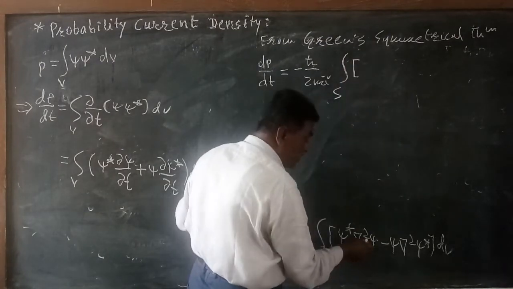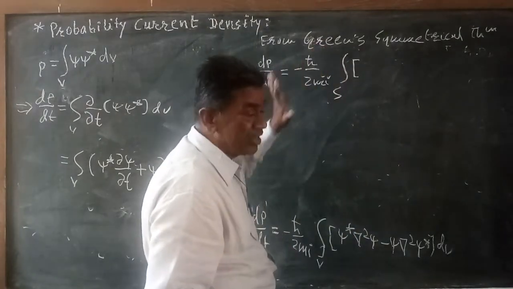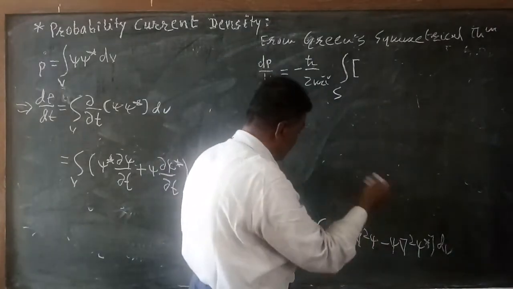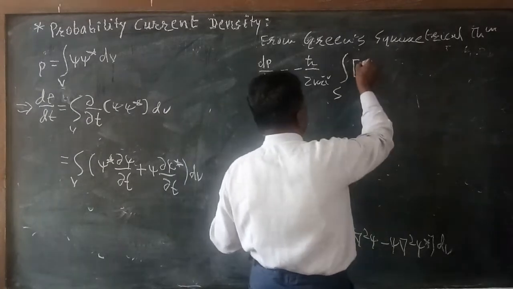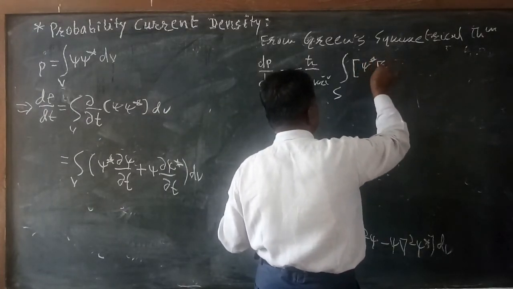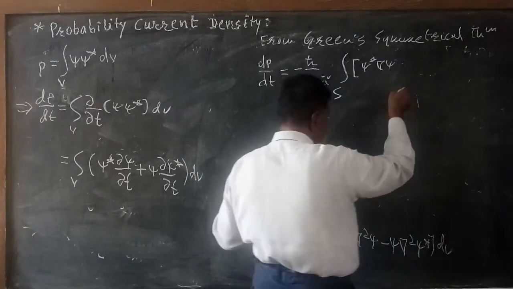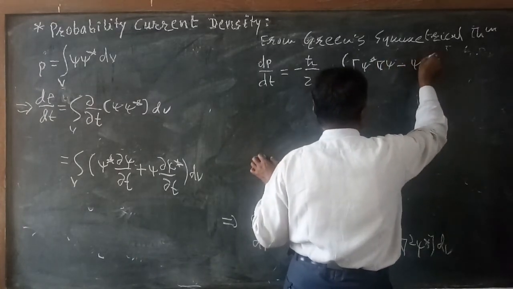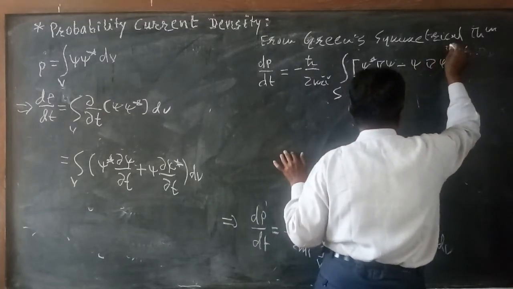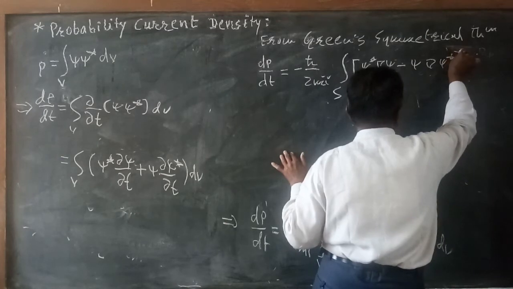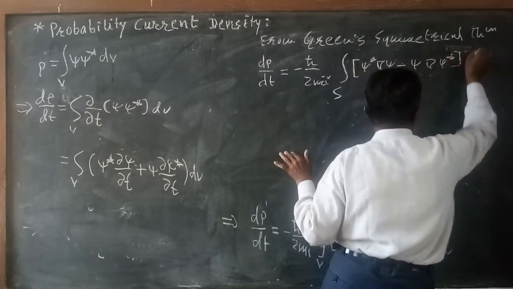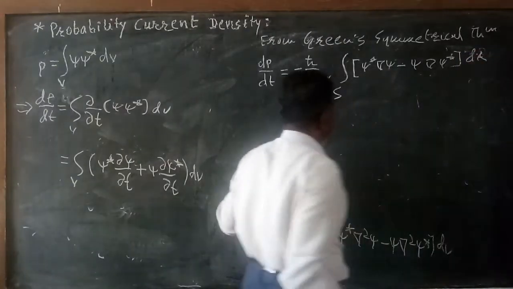You have to remember, to convert this, instead of del square we take only the del. So psi star del psi minus psi del psi star. Del means the del operator. This bracket completes, and instead of dV we keep the area, that is dA.